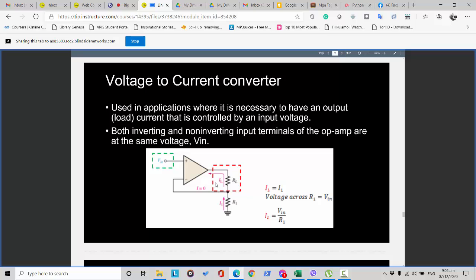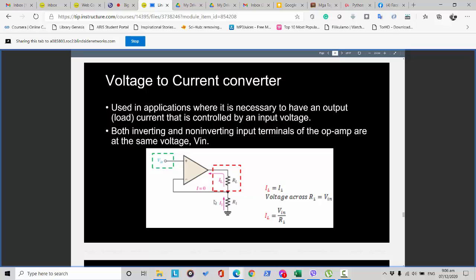So if we try to compute for the current in our output, that will be equal to the input voltage divided by the resistance here.